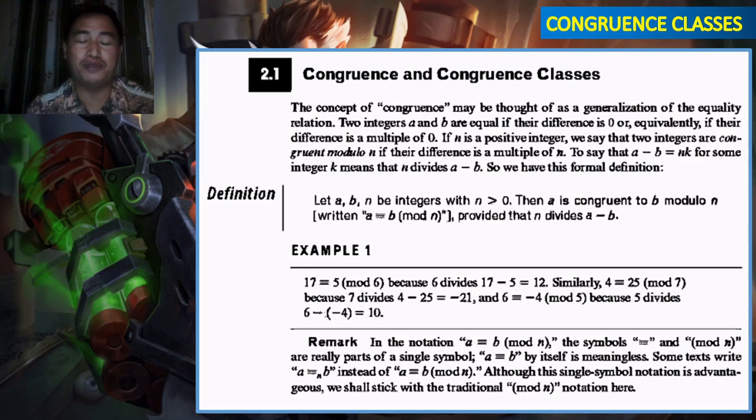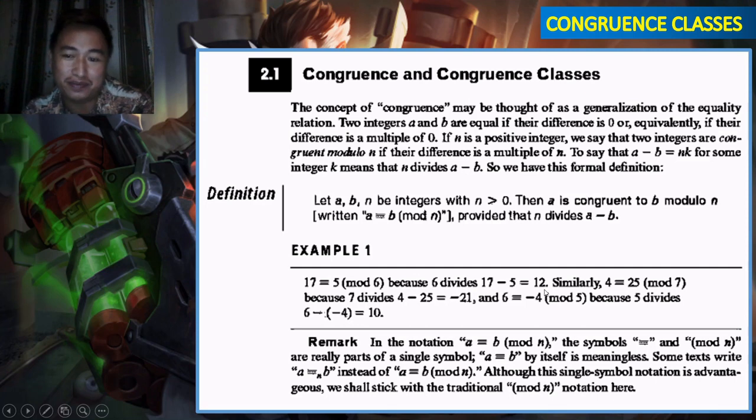So, example number 1. 17 is congruent to 5 mod 6 because 6 divides 17 minus 5, which is equal to 12. Right? 17 minus 5 is 12, so 6 divides 12. So n divides a minus b.